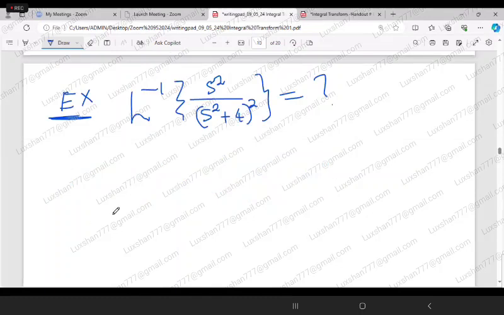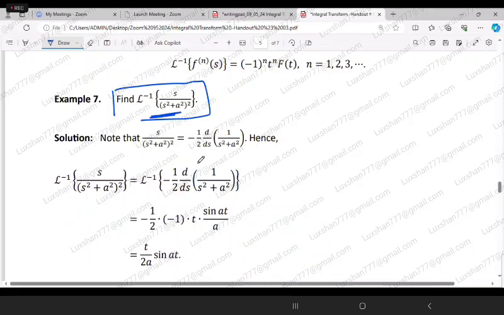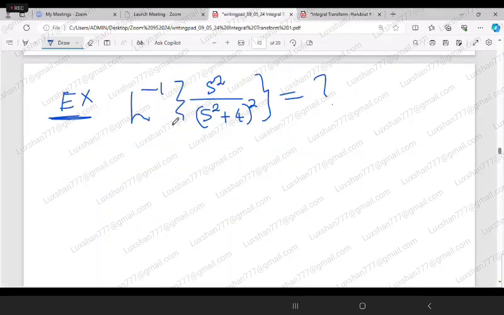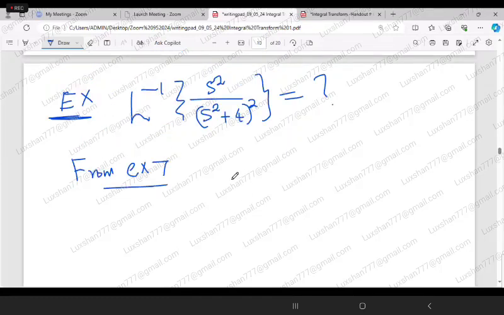But if you can remember, in example 7 we have got an answer for this. From example 7, you have the result.